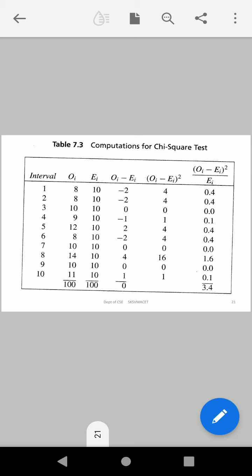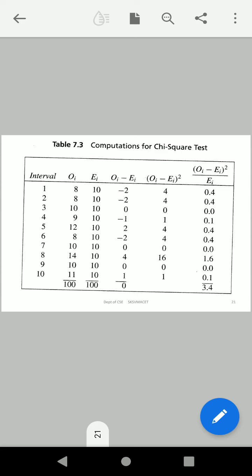E_i is 10 for each interval. Expected is 10 numbers, but observed is 8 numbers in the first interval. So O_i − E_i gives the fourth column, and squaring that gives the fifth column.